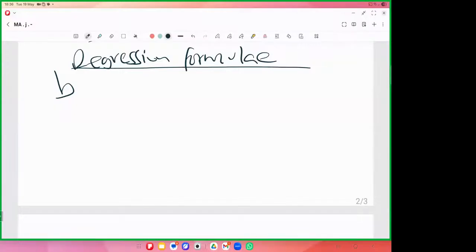B will be equal to who? Let me see whether there is any student who will be able to write the regression formula correctly.